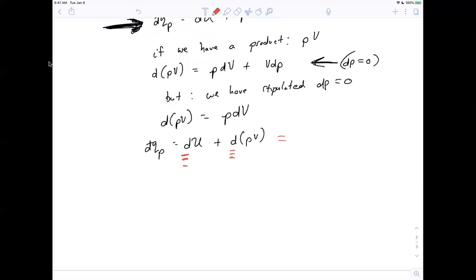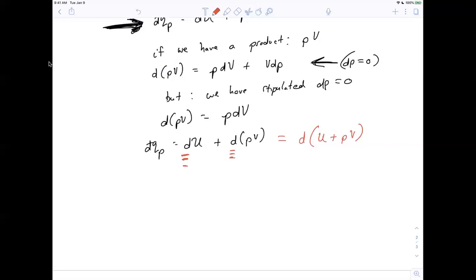So we know that taking the derivative of two things is additive, it's linear. So we don't have to worry. What we can do here is write d of U plus PV, right? If you wanted to take the derivative of a sum, that's very simple. Differentiation is linear, so you would take the derivative of the first term plus the derivative of the second term.